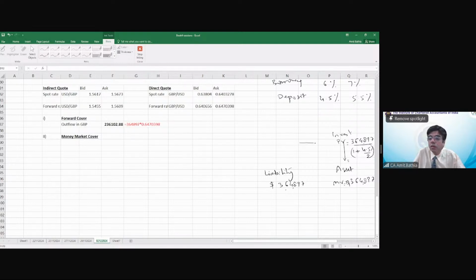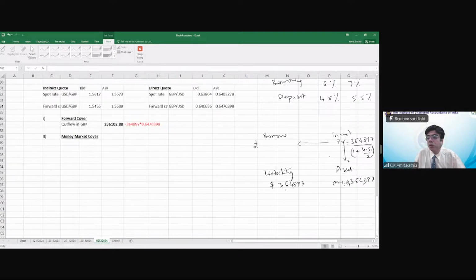Fair enough. Now, in order to do that, I need to borrow today in pounds. How much pounds do I need to borrow? So here, whatever is the amount, what is this amount coming to? 364,897 divided by 1.0225, right?